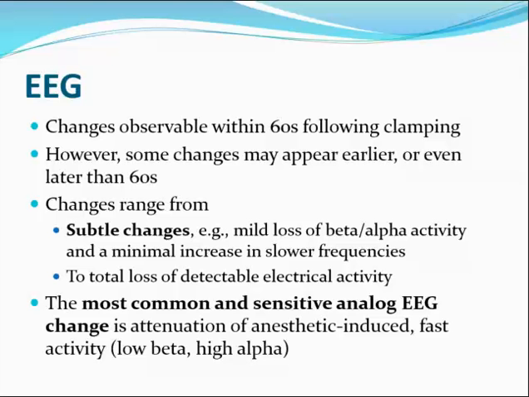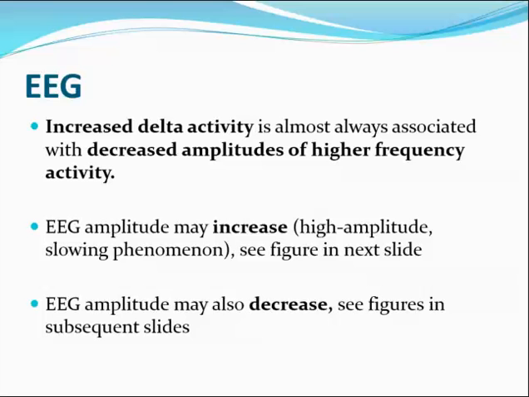The most common and sensitive analog EEG change is attenuation of anesthetic-induced fast activity. So with the low beta and high alpha, you start seeing attenuation, or reduction in amplitude, of these frequencies. There's also increased delta activity, which is almost always associated with decreased amplitudes of higher frequency activity.